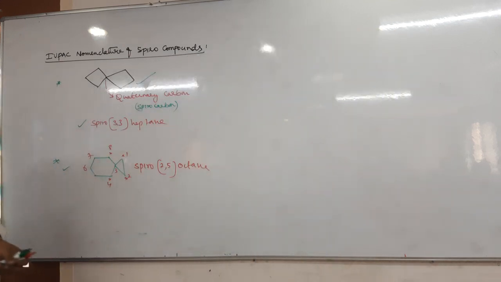If the substituents are functional groups or multiple bonds are present, then numbering should start from the carbon atom next to the spirocarbon, underline.